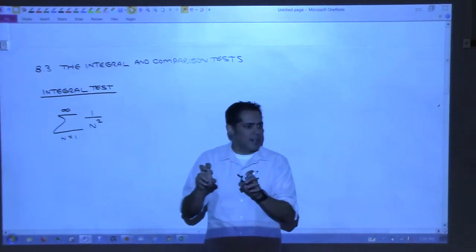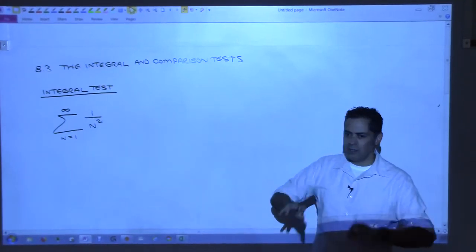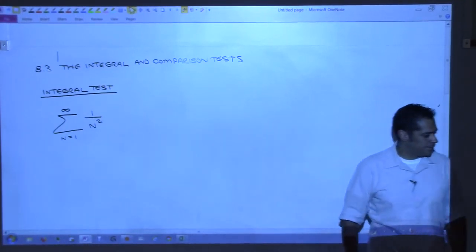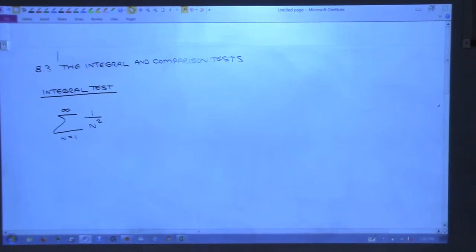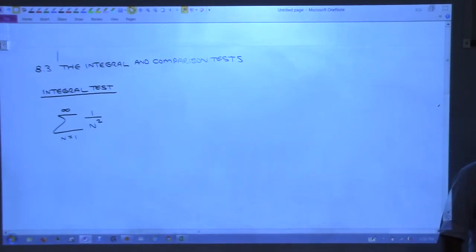I can't factor n squared out, I don't have distinct linear factors, right? Yes? Whenever you're looking to see if it's telescopic, are you always going to use partial fractions? Well, I showed you the one with the natural log just a second ago, right? That was not partial fractions, but it was telescopic.